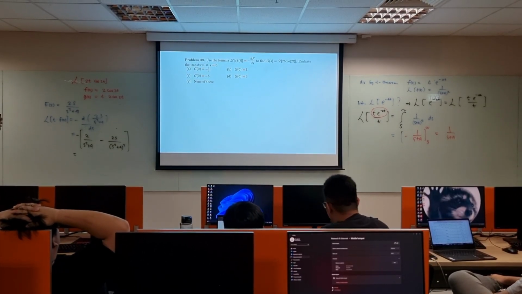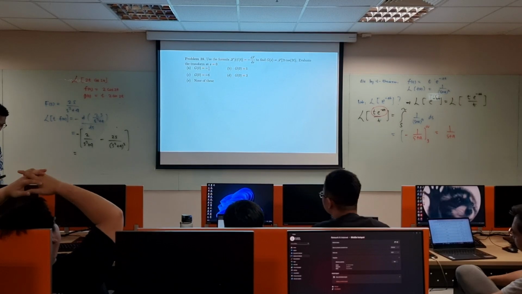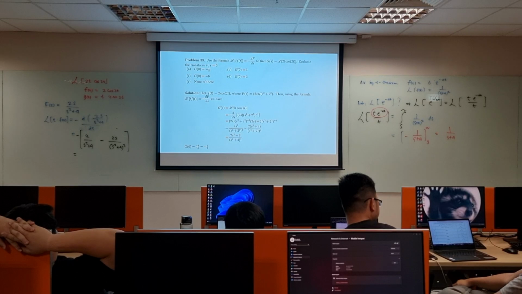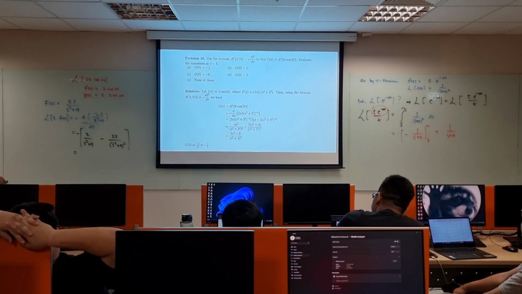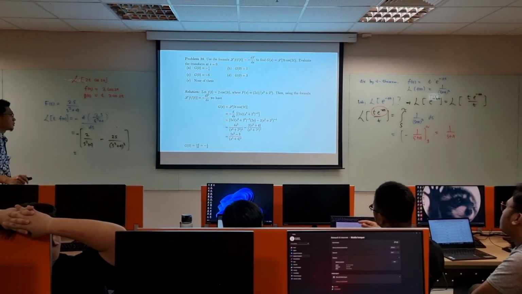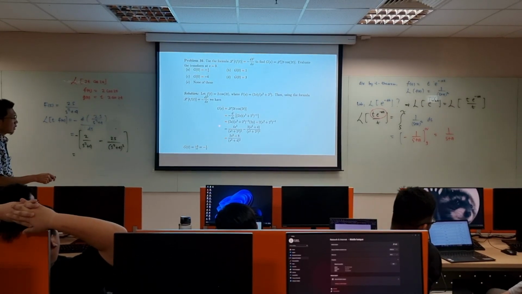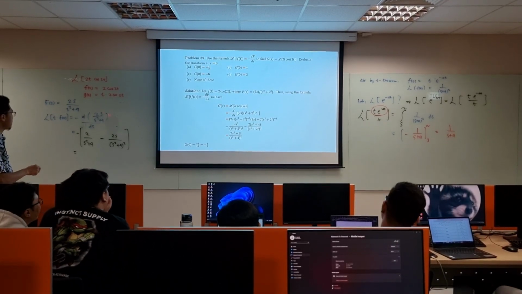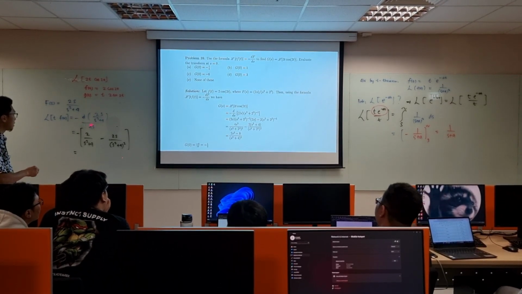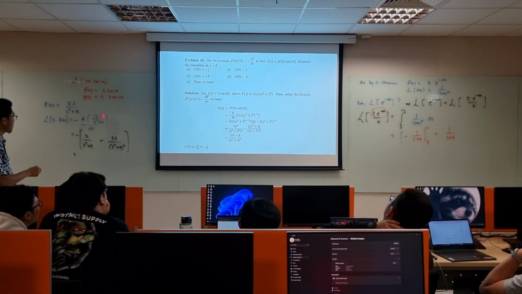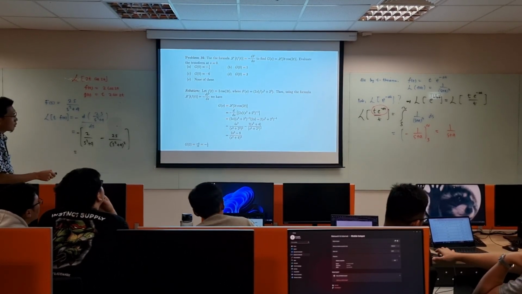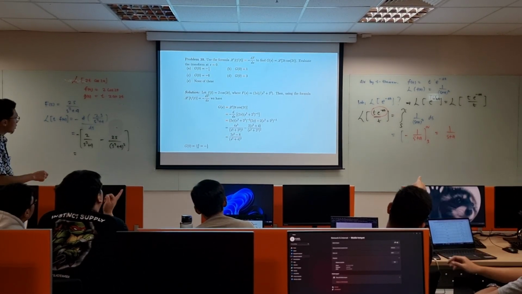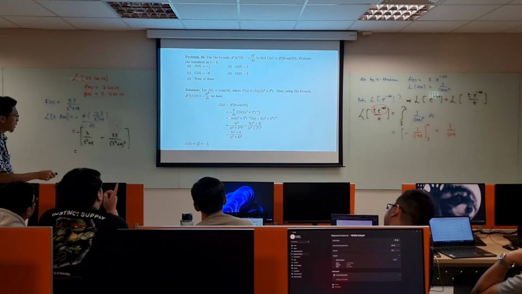So this is the whole thing of the result. You see, this line is here, and after that, when you differentiate, the minus sign is already multiplied, so it's plus in here.